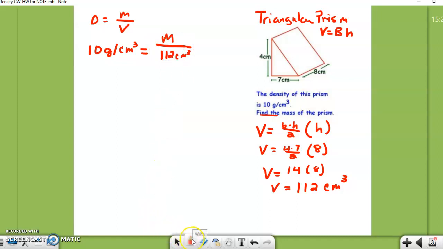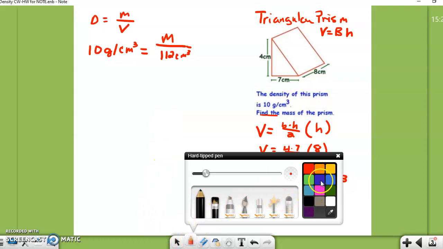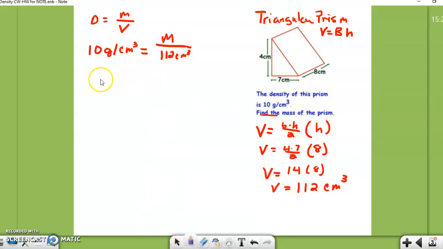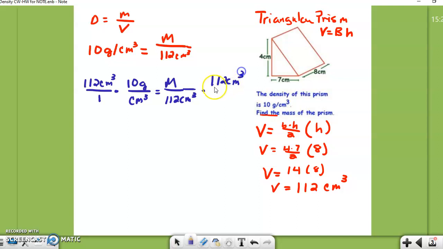Okay, once again, I want to get rid of dividing by 112 centimeters cubed. So that means I'm going to have 112 centimeters cubed over 1 times 10 grams per cubic centimeter equals mass over 112 centimeters cubed times 112 centimeters cubed over 1.